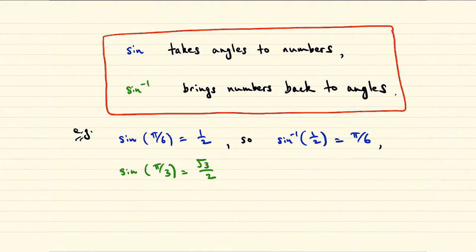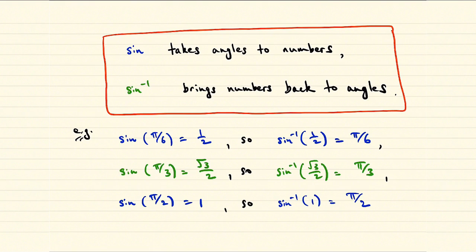Sine of 60 degrees, or π/3 radians, is √3/2, so inverse sine of √3/2 gets you back to 60 degrees, or π/3 radians. Sine of 90 degrees, or π/2 radians, is 1. So inverse sine of 1 gets you back to 90 degrees, or π/2 radians. Sine of minus π/2 is -1, so inverse sine of -1 gets you back to -π/2.